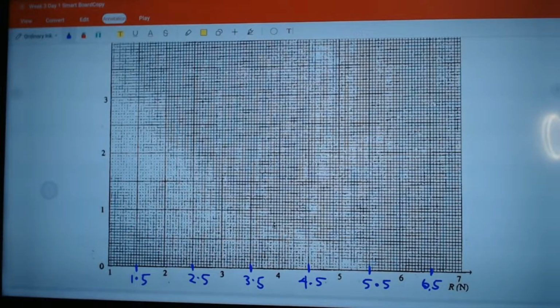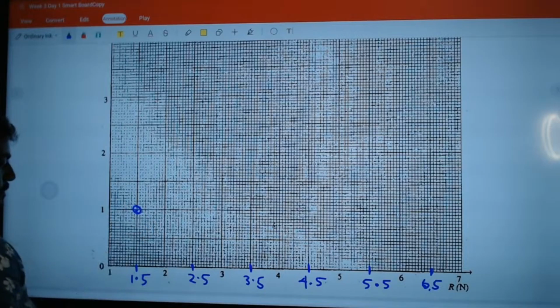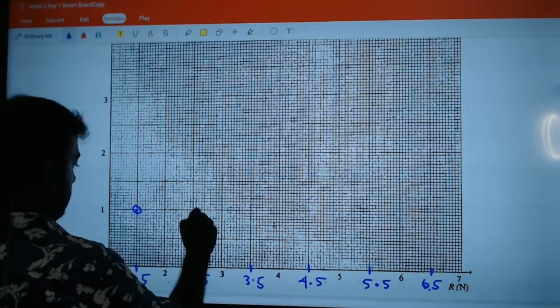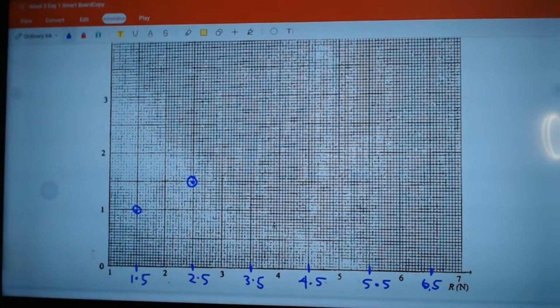Corresponding force values. 1.5 is 1. 2.5 we found earlier, 1.5. 3.5 to 2.